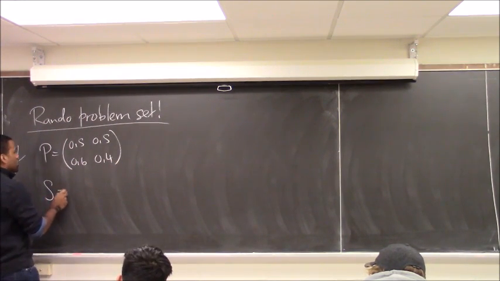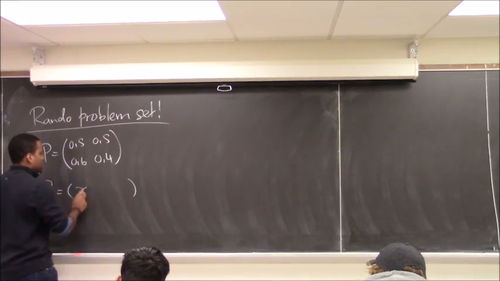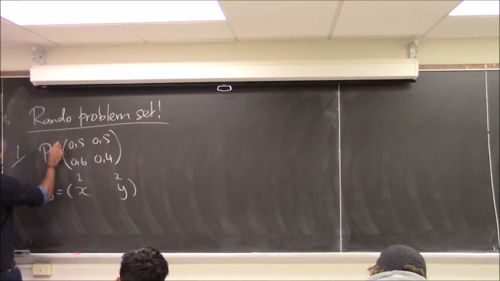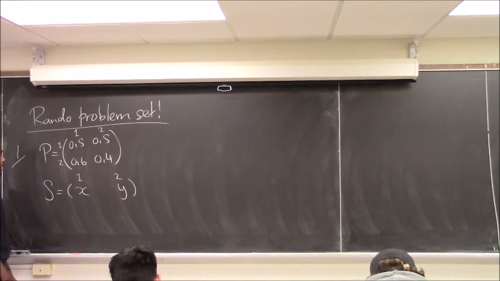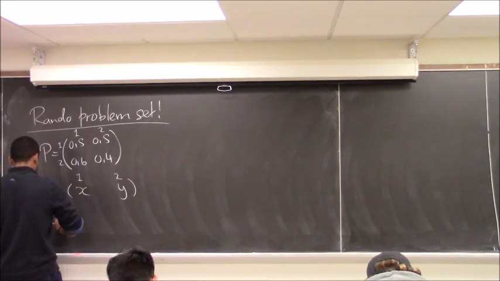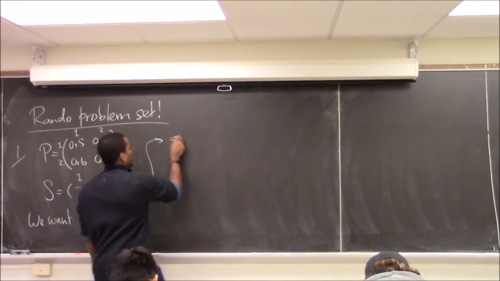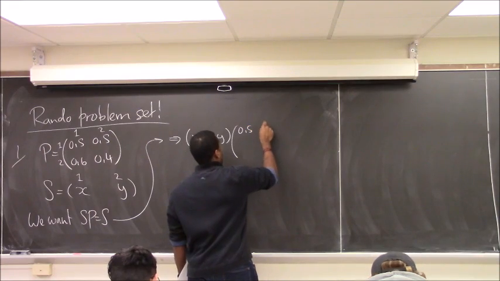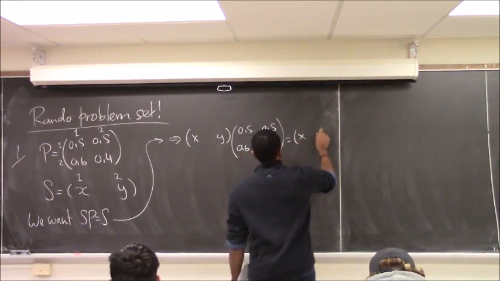Your stationary matrix, remember, is just going to be a row matrix, a distribution of probabilities for whether you would be in state 1 versus state 2. We want SP equals S. This would mean that [x y] times the matrix with rows 0.5, 0.5 and 0.6, 0.4 is equal to [x y].